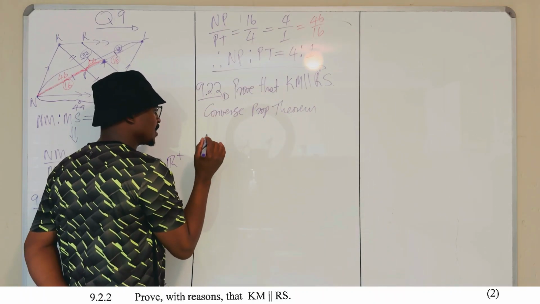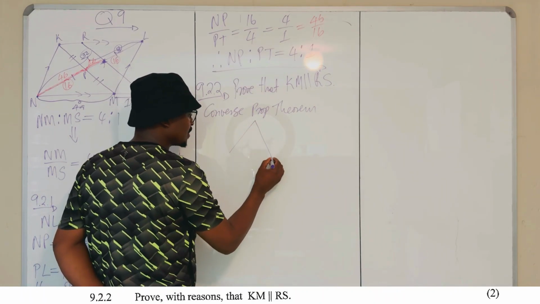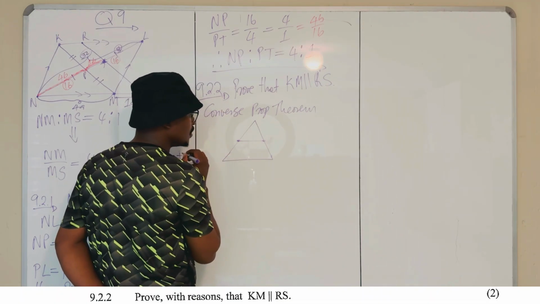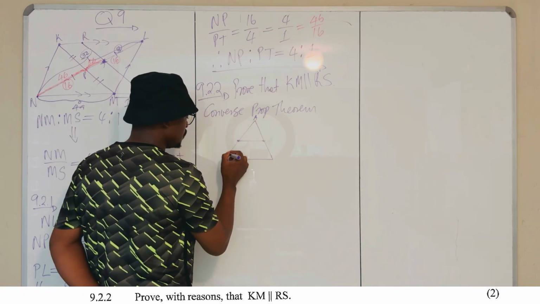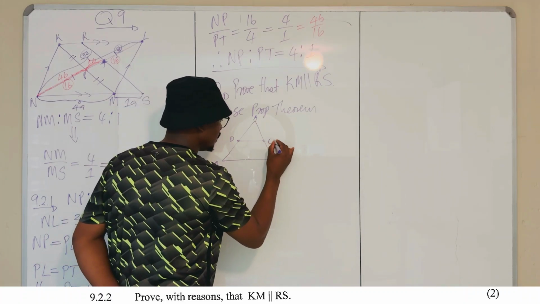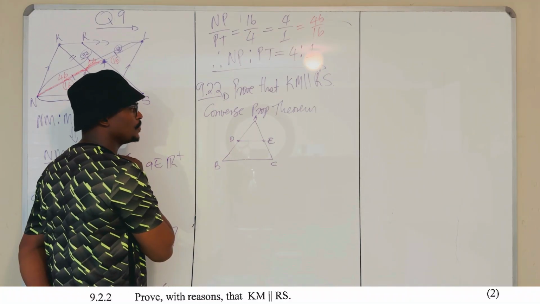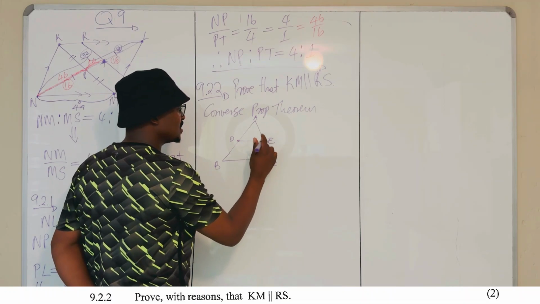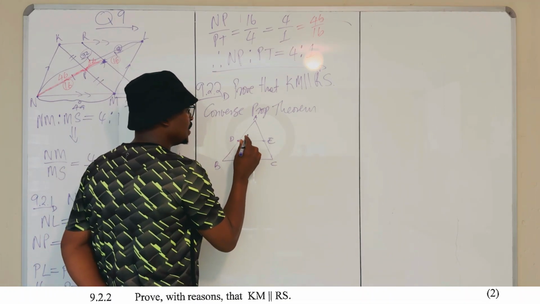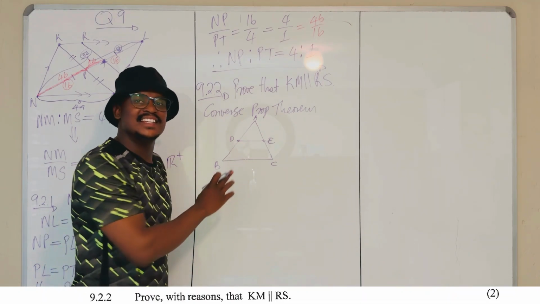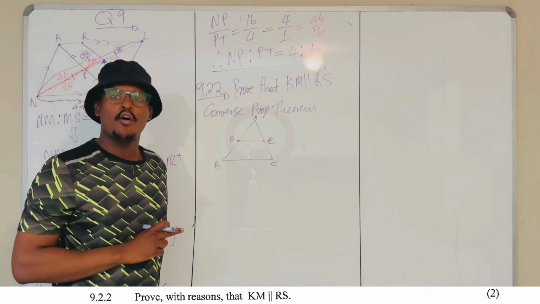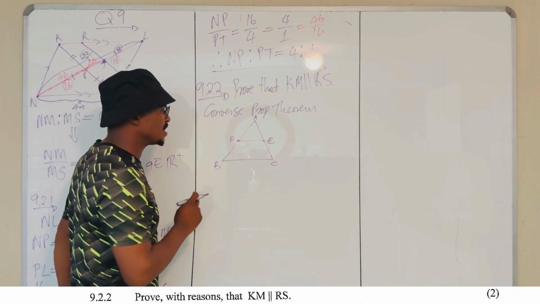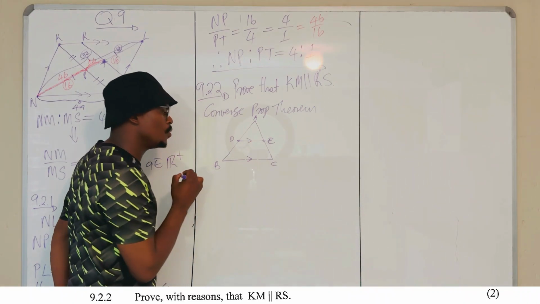The converse says, if you have your triangle like this, and there's a line that joins two sides of your triangle, let's say this is A, B, C, D, and E. If you have a triangle ABC and a line DE that joins two sides of the triangle, such that DE divides the two sides of your triangle proportionally, or at the same ratios, then it means DE is parallel to BC.